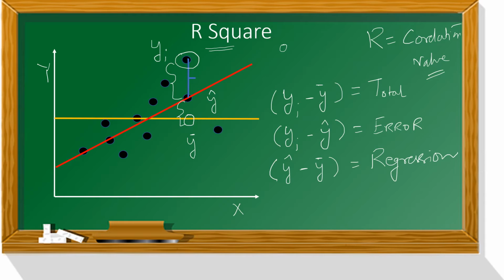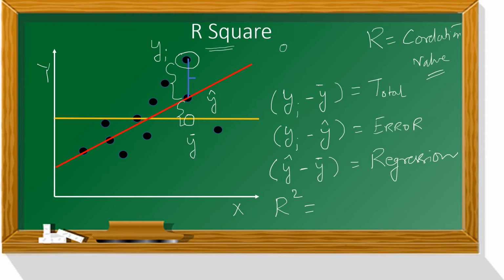Now there are three types of difference. One is the total difference, that is the difference between the actual value and the mean value. There is a difference between the actual value and the predicted value from the model, which is known as error, and there is a difference between the predicted value and the mean value, which is due to regression, right? Now what R square does is that R square tries to see the variation explained by regression out of the total variation, right?